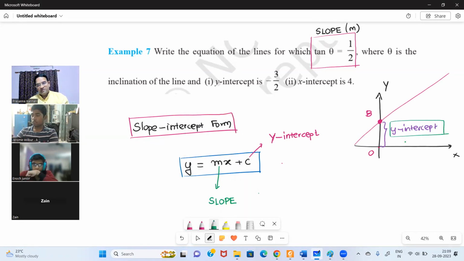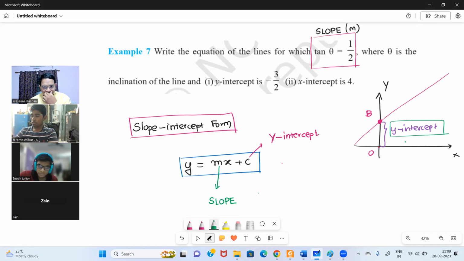Is it clear what is y-intercept, Enoch? The distance between the origin and the point where the line meets the y-axis. Is that clear?